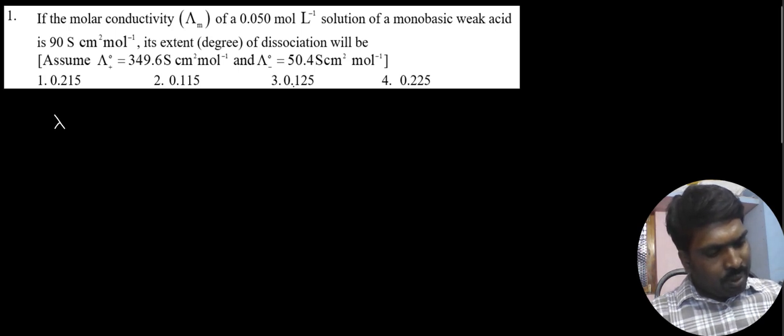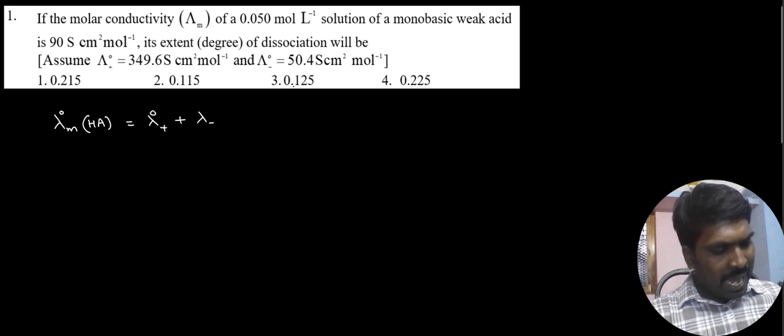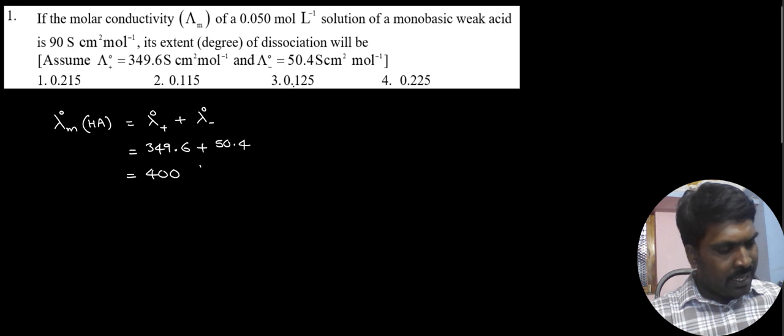Molar conductivity at infinite dilution for a monobasic weak acid is equal to the cation limiting molar conductivity plus the anion limiting molar conductivity. So 349.6 plus 50.4. Then what is the value? 407 centimeter square mole inverse.